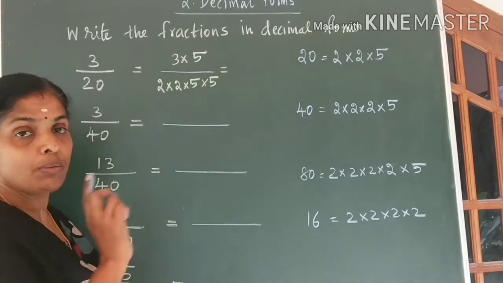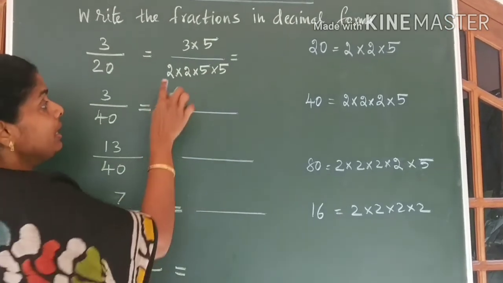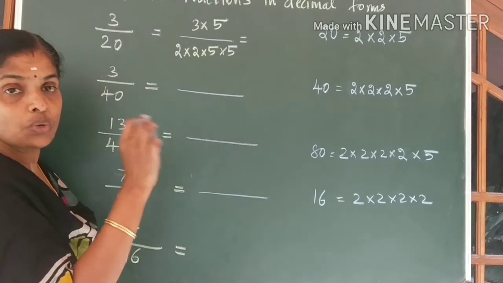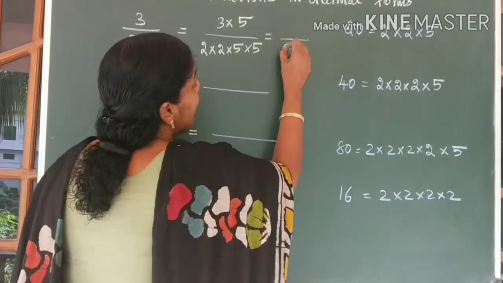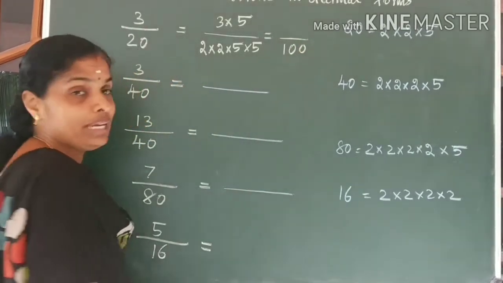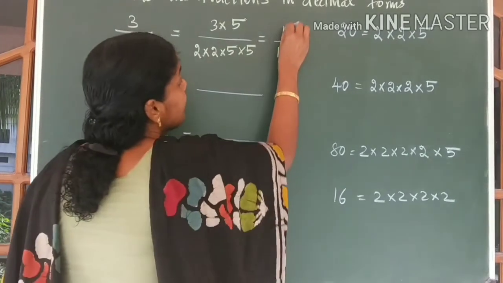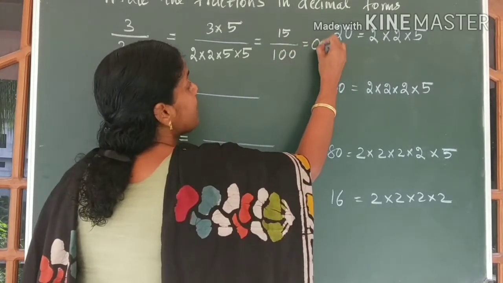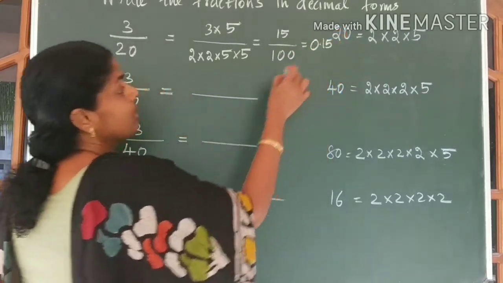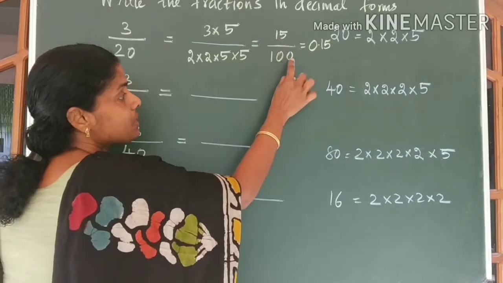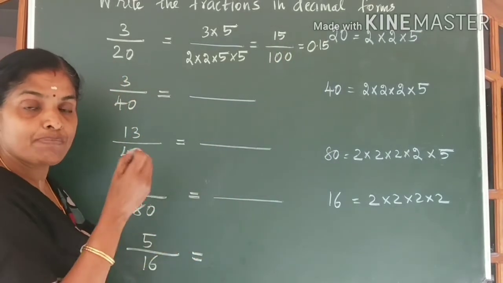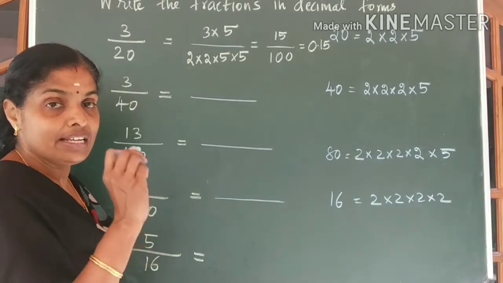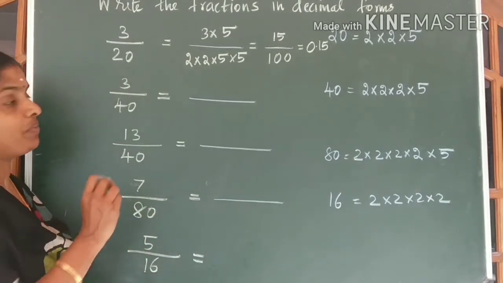Numerator is also multiplied with a 5. Now, you have 2 2s and 2 5s. So, what do you get? You get 100 in the denominator and 15 in the numerator. This is equal to 0.15. Since 15 is divided by 2 zeros, keep the decimal point before 2 digits.